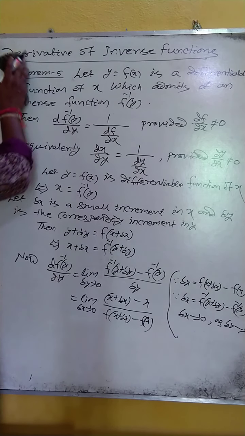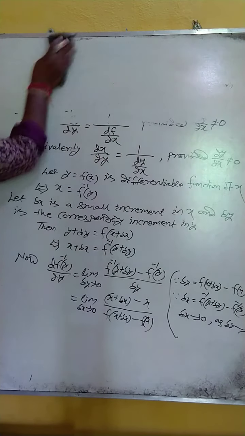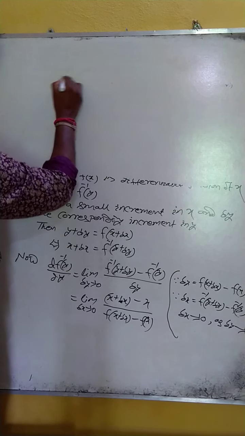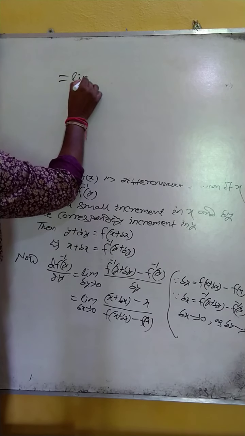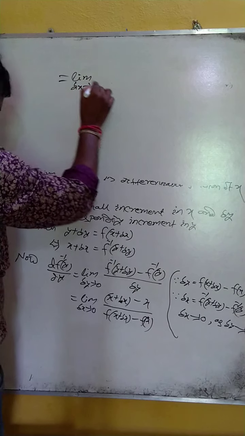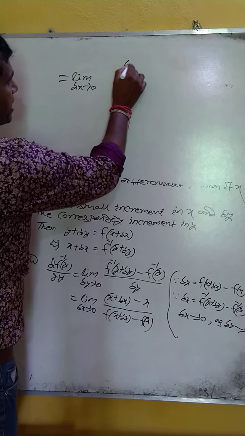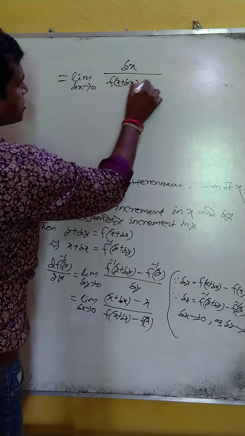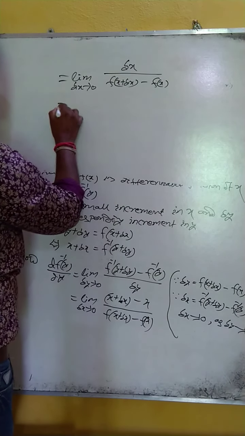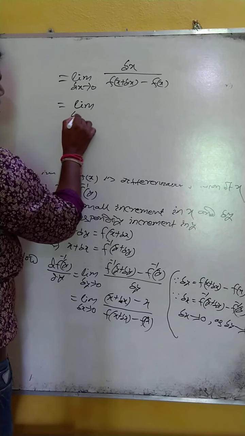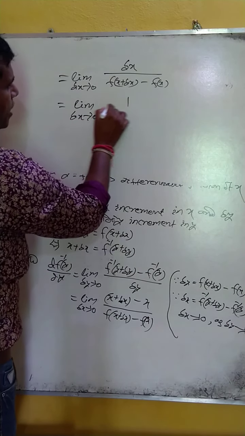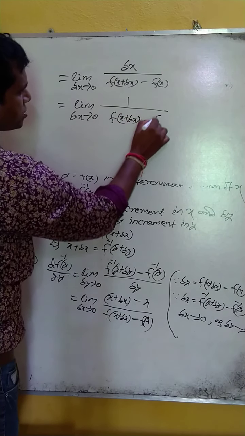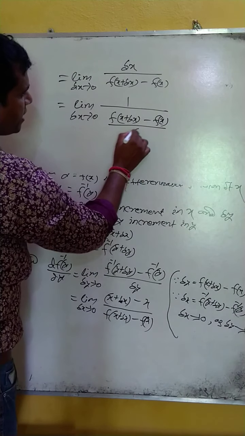So we can write it as the limit as delta x tends to 0 of delta x divided by f of x plus delta x minus f of x. Also we write the limit as delta x tends to 0 of 1 divided by f of x plus delta x minus f of x, all divided by delta x.